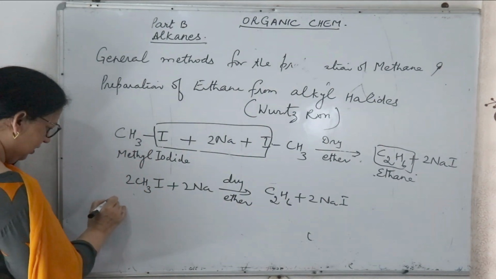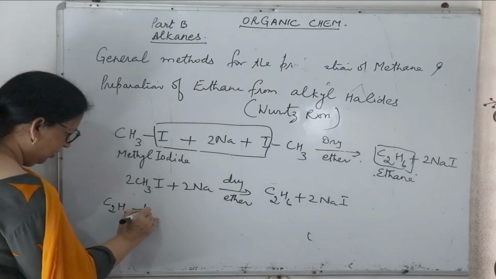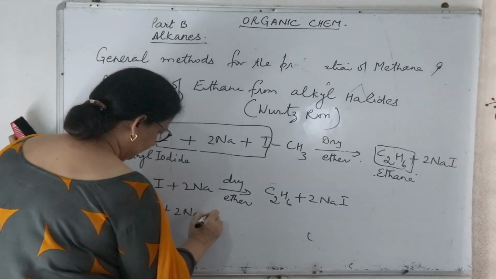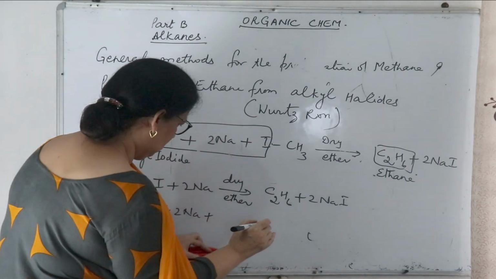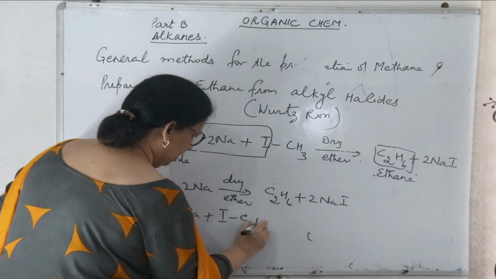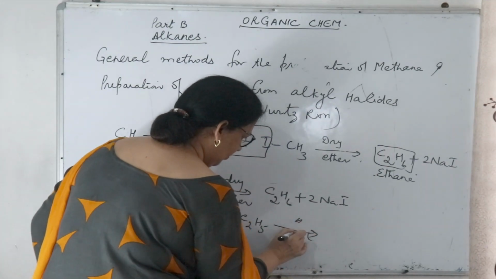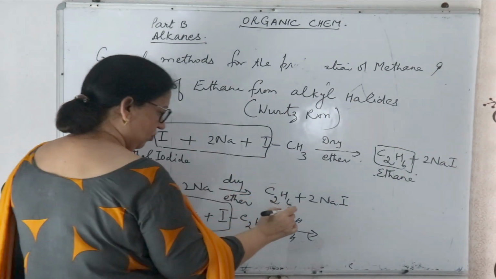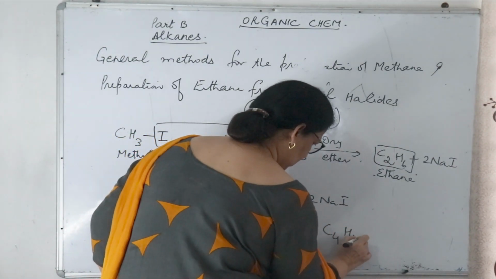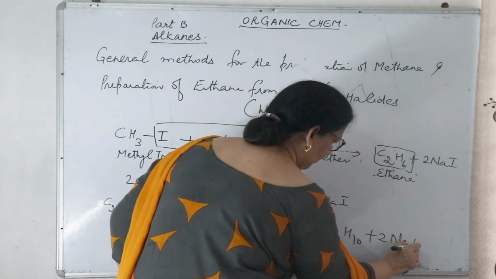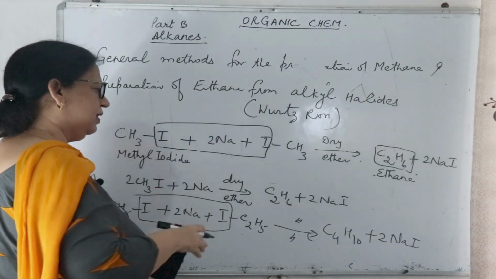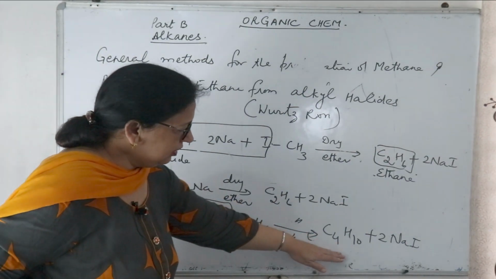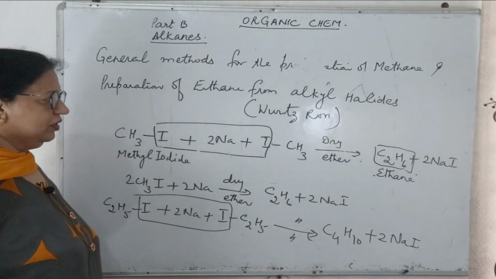If we make the next one, then C2H5I plus Na, then IC2H5 in the presence of dry ether, separate out this part, this will form C4H10 plus 2NaI. So this method is used to prepare the alkanes with the even number of carbon.